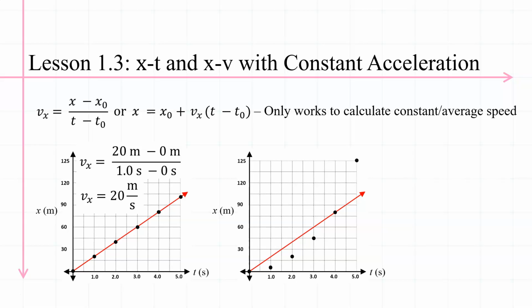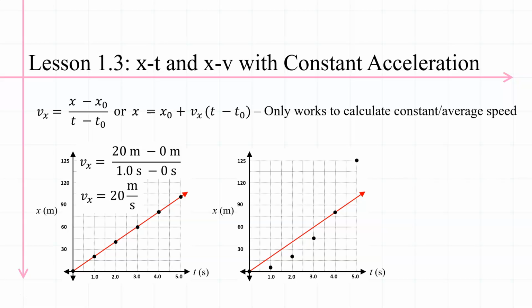Now, I said before that your choice of reference point doesn't really matter, and truly it doesn't. The object is moving the same way. It has the same acceleration regardless of the reference point you choose. However, when we're talking about calculating average velocity, your different choices of reference points does actually make a difference.